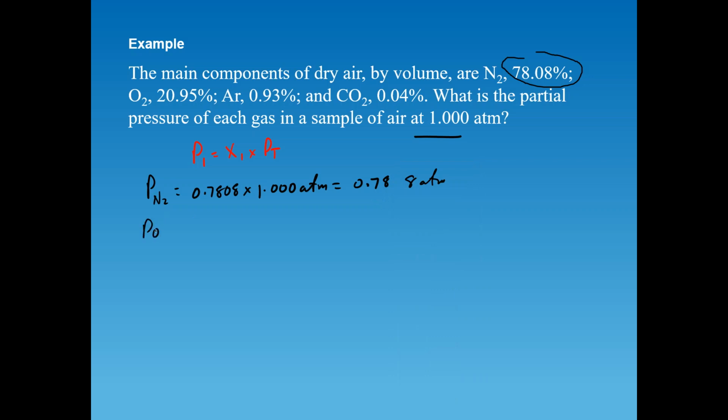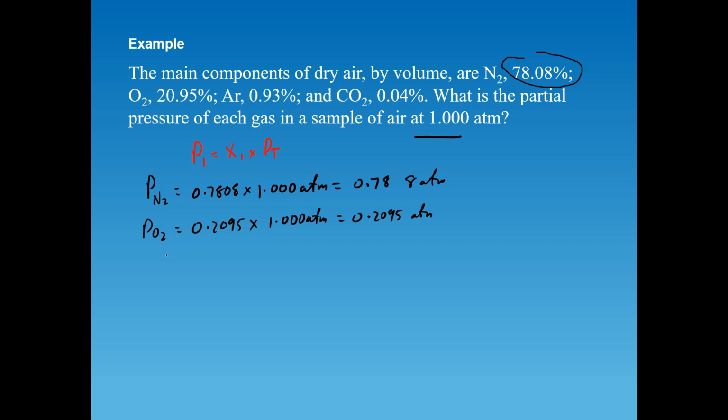All right? And basically, we do the same thing for the other gases. So for oxygen, that would be 0.2095 times 1.000 atmospheres, and that will give you 0.2095 atmospheres.